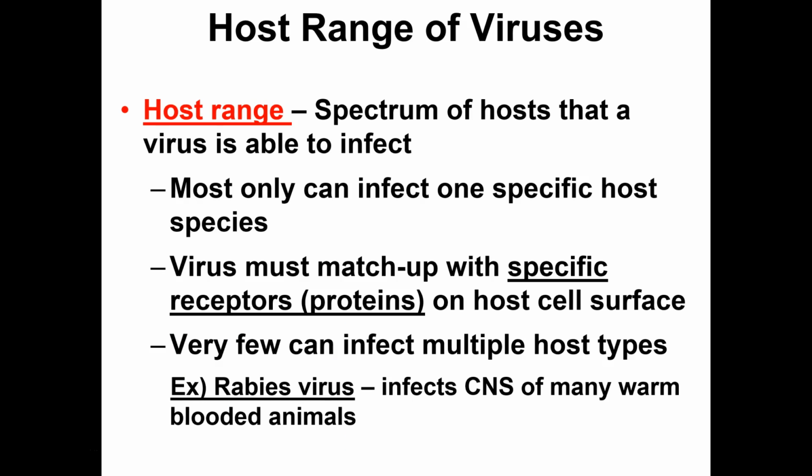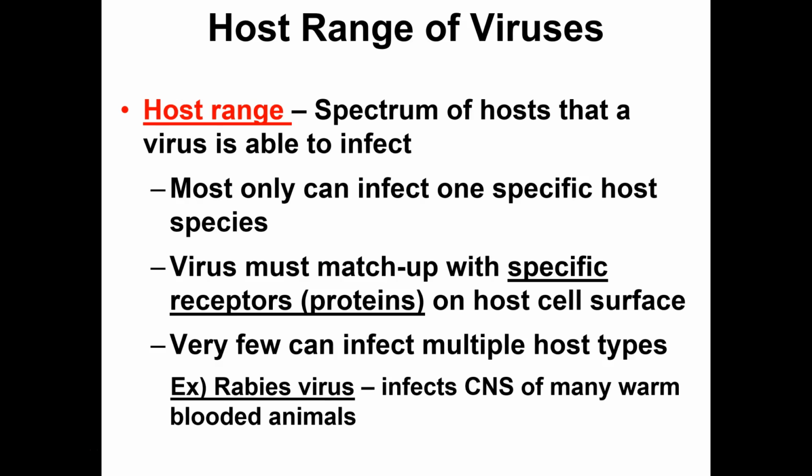And that leads us to host range. Okay, with this specificity, you have to ask yourself how many different organisms or different types of tissues can a given virus infect. Most viruses are pretty picky. Most of them are very specific to a particular cell type or tissue type or organism.